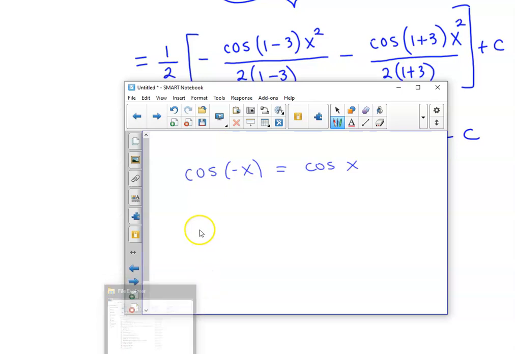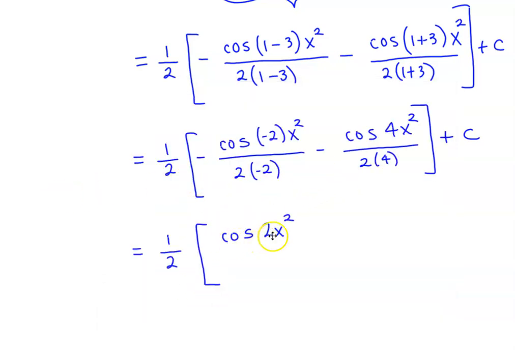The cosine is an even function, so we can say that that's positive. So therefore we have the cosine of 2x squared over 4, positive 4, minus the cosine of 4x squared over 8 plus c.